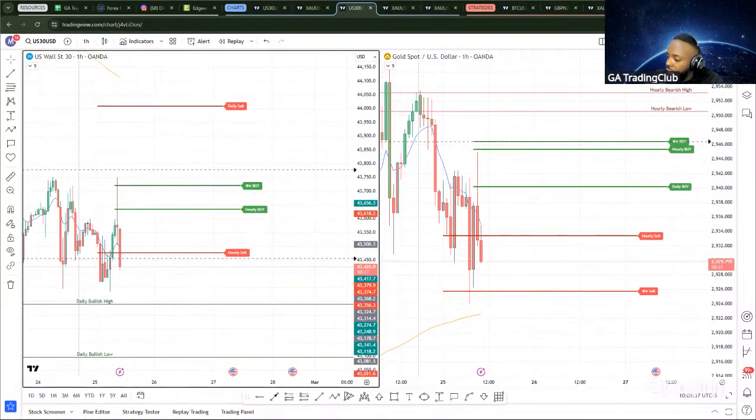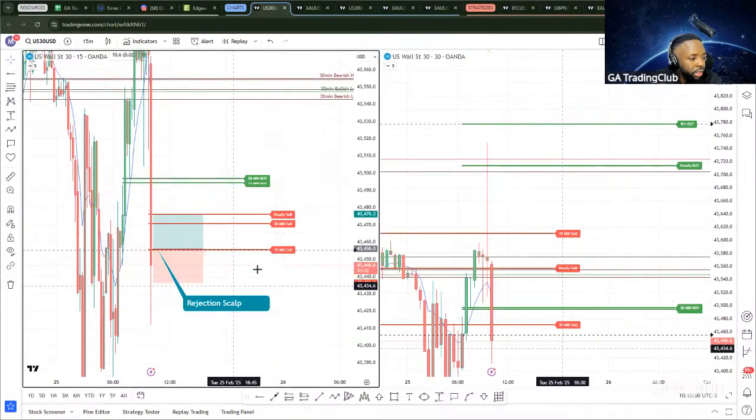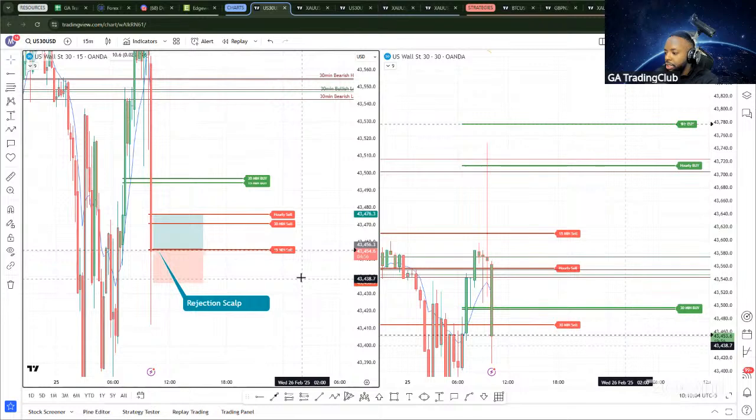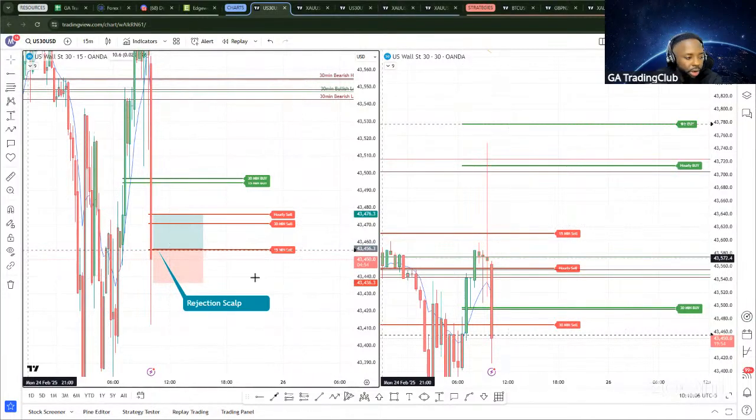I'll delete my pending orders for US 30 sell because price went pretty bearish quickly before it came back up. Then we'll see if we get something else, possibly this rejection scalp, but keep in mind, guys, I said that with these rejection scalps, you just want to monitor them.